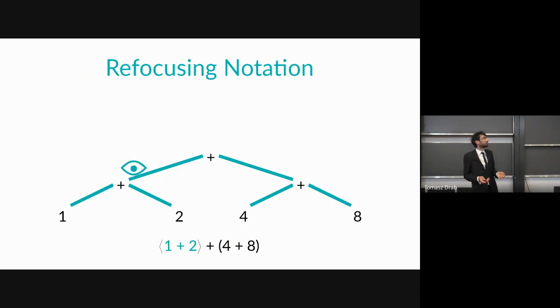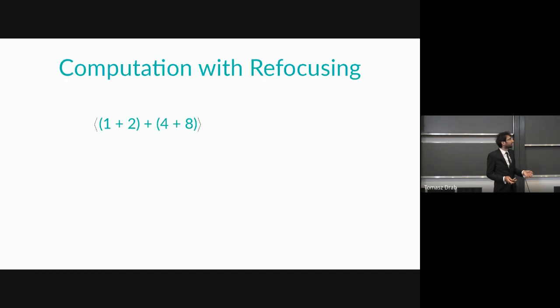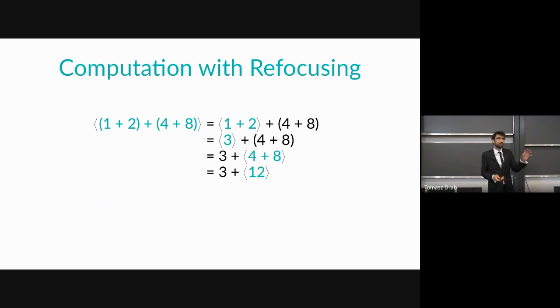So I hope it is more visible, and we can play with this notation to move the focus over the expression and show a bit more precisely how this computation proceeds. But still, it is not this mechanical precision that is about to come.